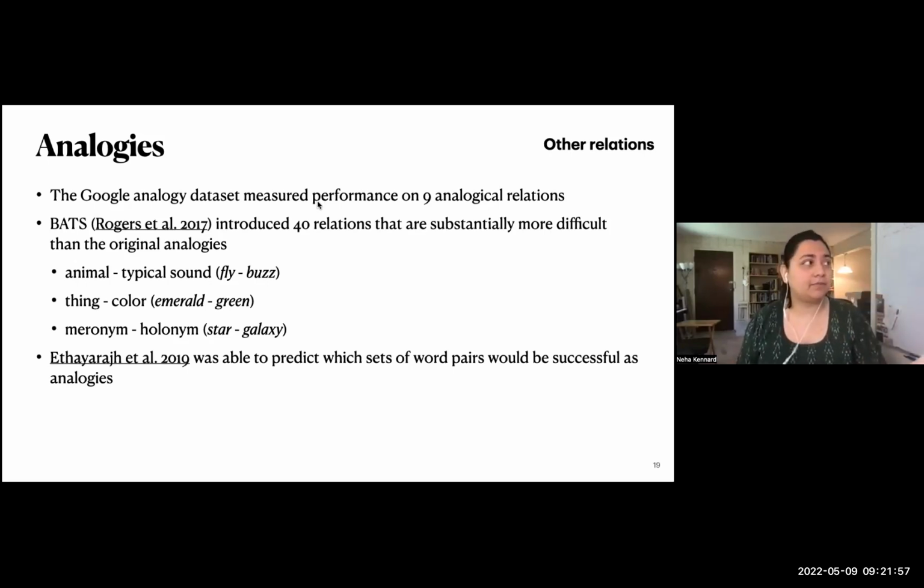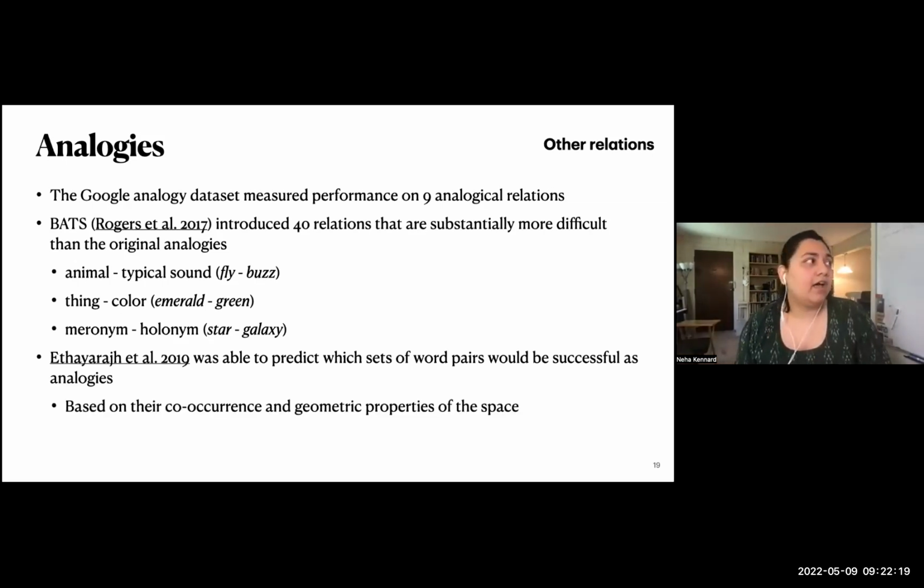And there was another paper, much more recent, that shows that you can mathematically predict which sets of word pairs are successful as analogies. They're able to show that maybe capital-country tends to land in a place in the word embeddings that makes it more apt for analogical reasoning than plurals.